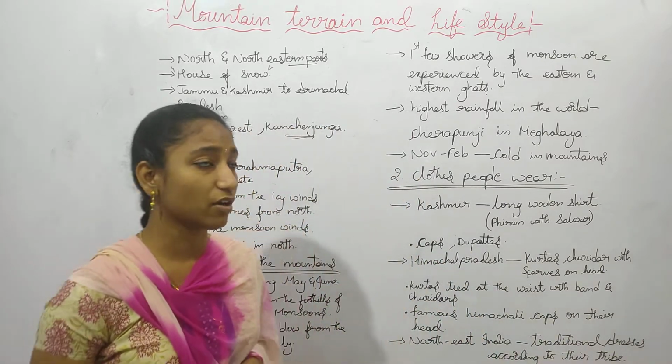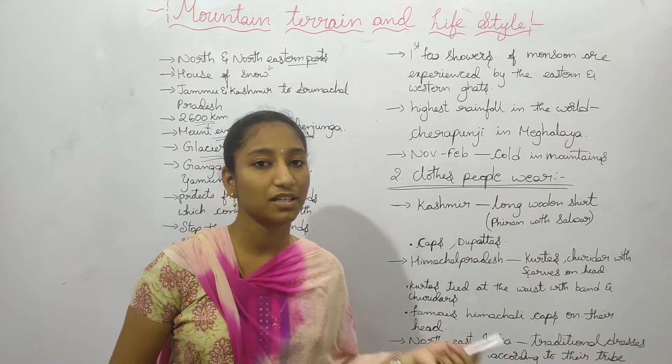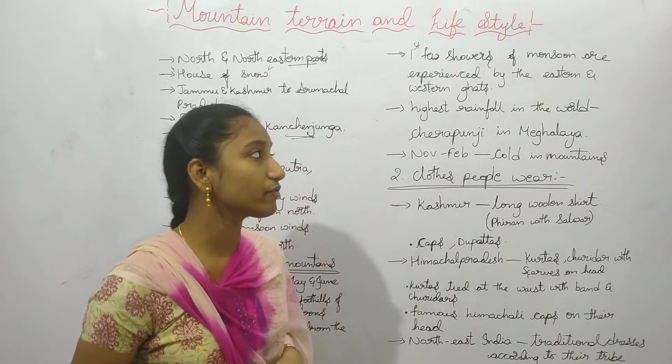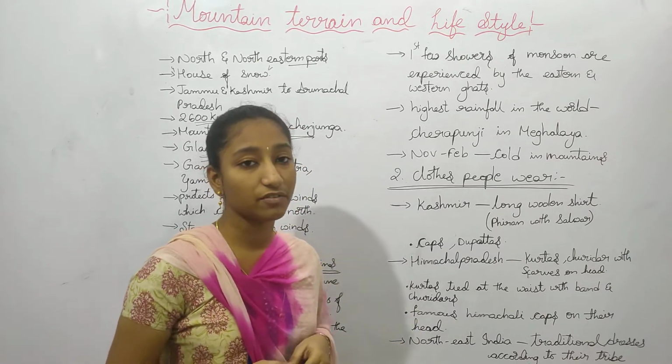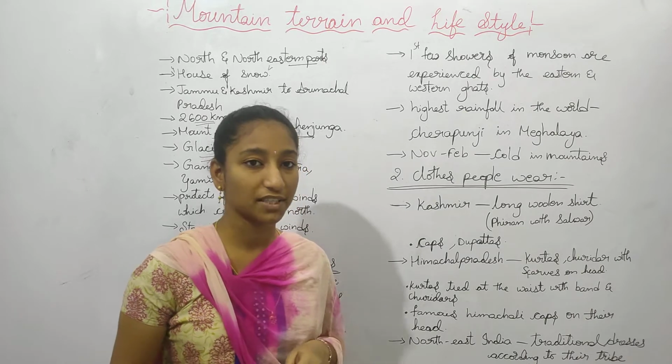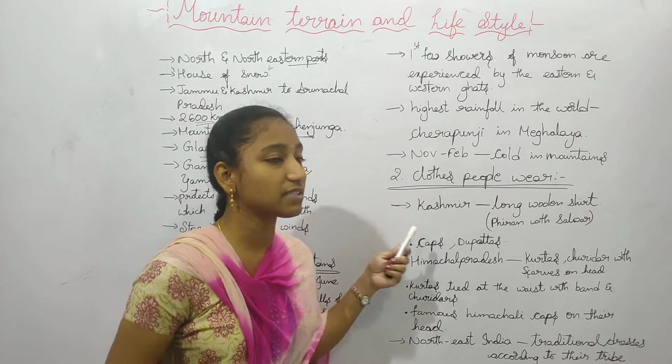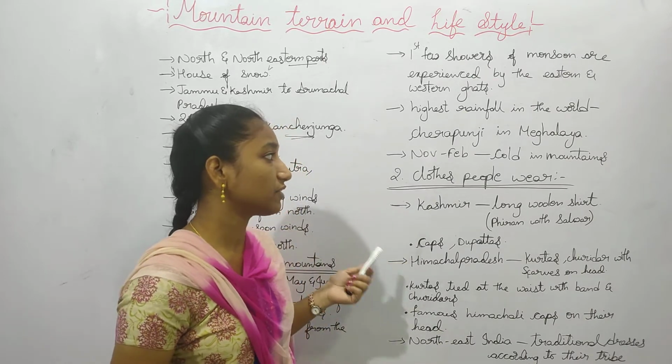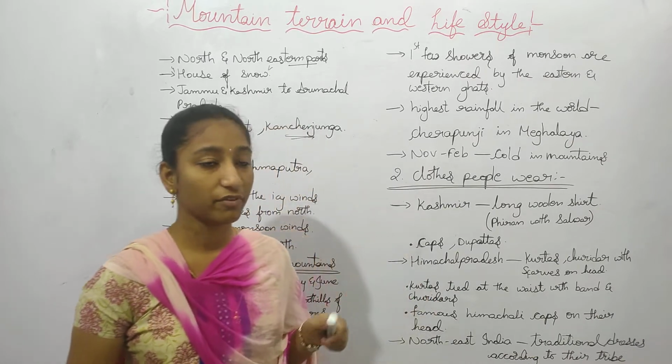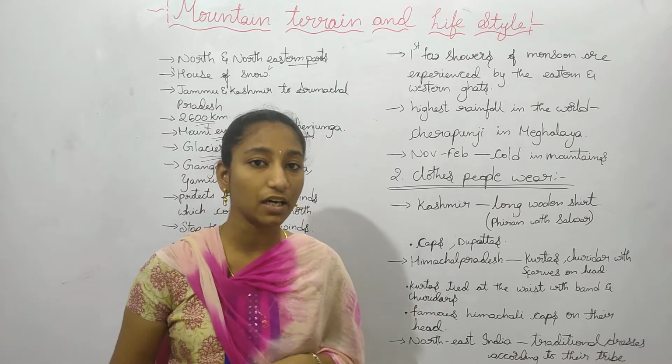The first showers of the monsoon are experienced by the eastern and western Ghats, and the highest rainfall in the world was recorded at Cherrapunji in Meghalaya. In the winter months, November to February, there is a very cold climate in the mountains.